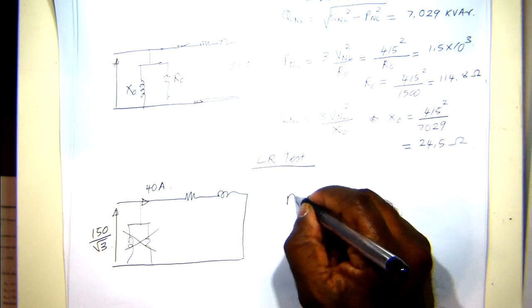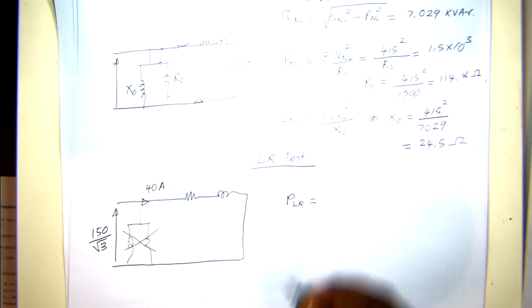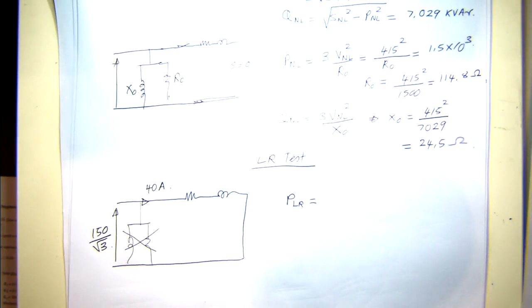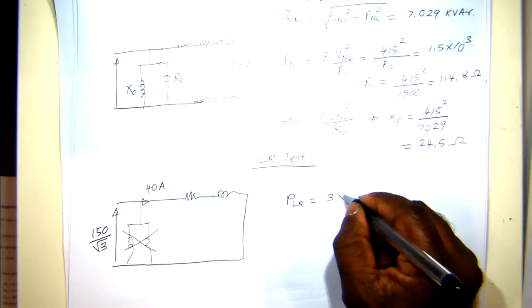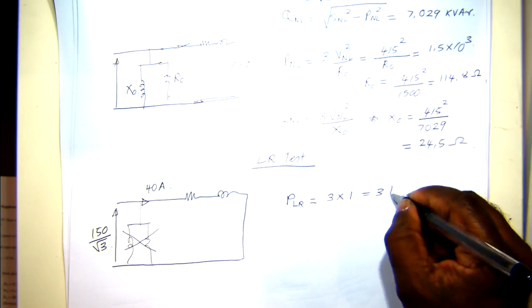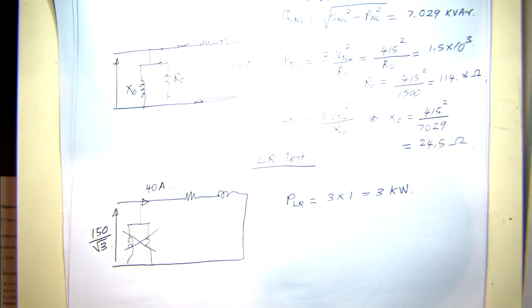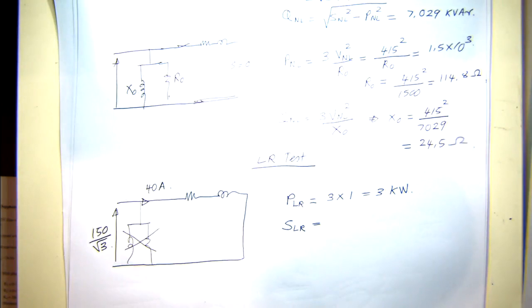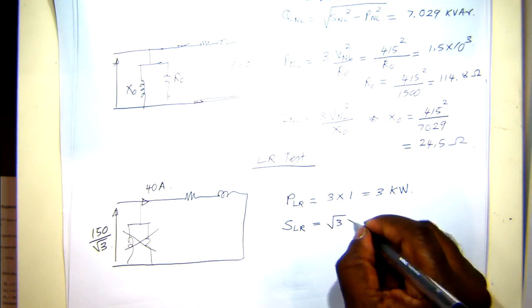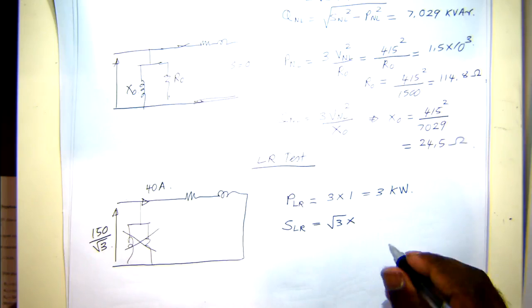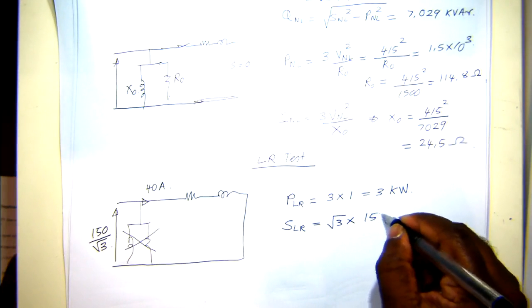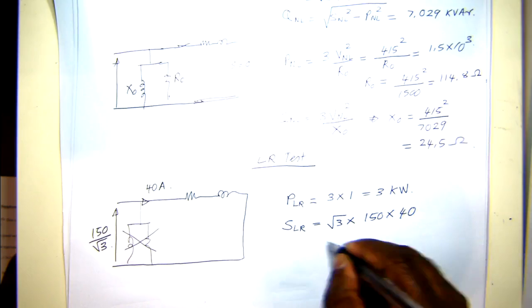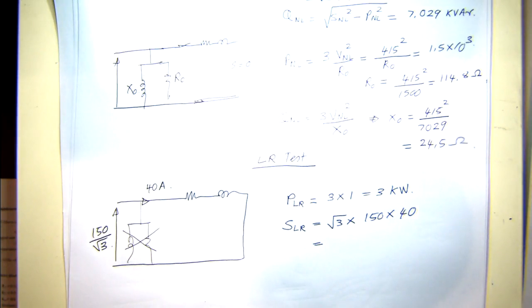So P lock rotor will be 3 times that. The total 3-phase power will be 3 times 1 kilowatt, so 3 kilowatt total input power, and the total apparent power for that operating condition will be root 3 times line-to-line voltage, which is 150 times 40, that's the total apparent power.